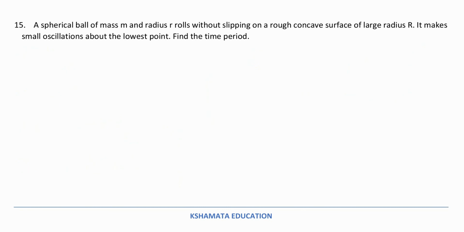A spherical ball of mass m and radius r rolls without slipping on a rough concave surface of large radius capital R. It makes small oscillations about the lowest point. We need to find the time period.